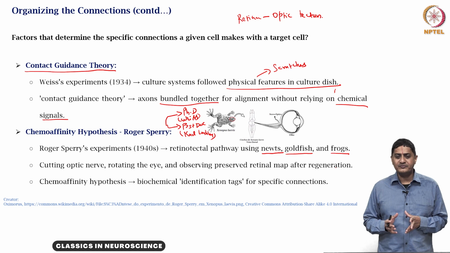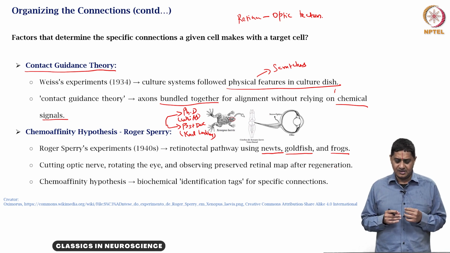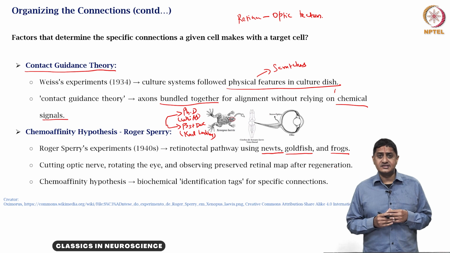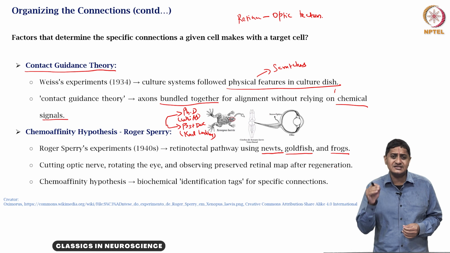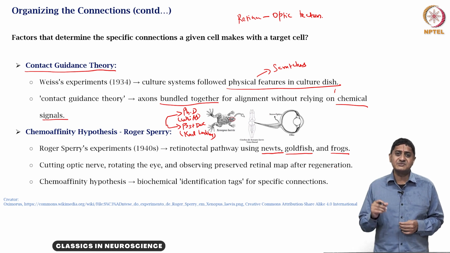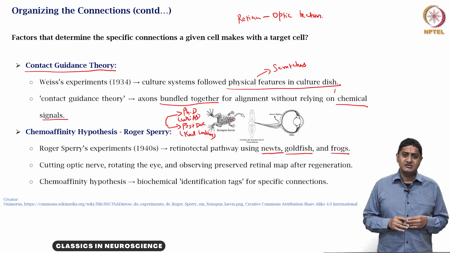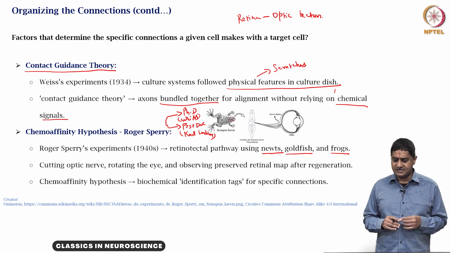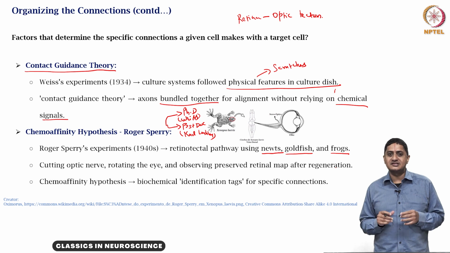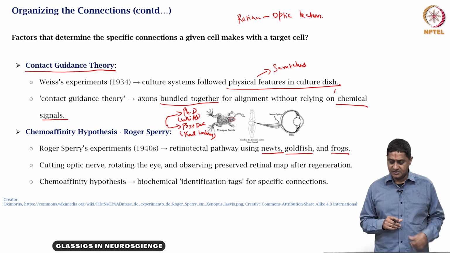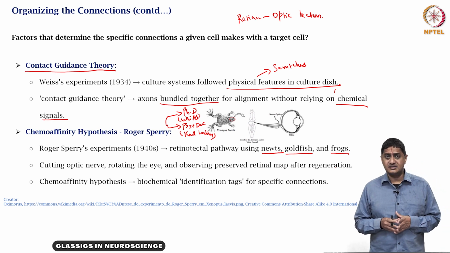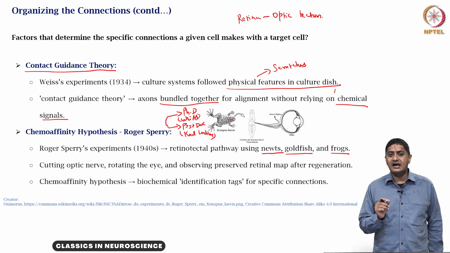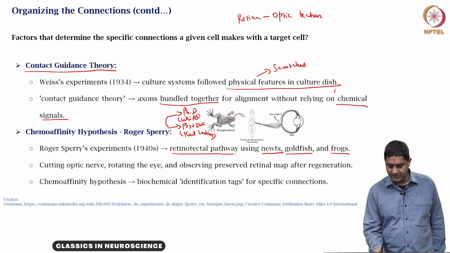So, these formed excellent model systems. Remember our early discussions about the need for identification of a proper model system for addressing a specific question. In the first week, we saw there is a need for us to identify a good model system to address a specific question. So, Roger Sperry's model system was newts, goldfish and frogs, specifically the pathway between the retina and the optic tectum, or the retinotectal pathway.